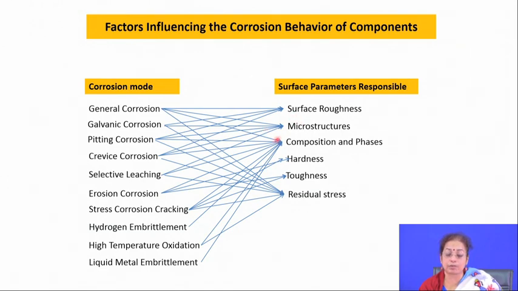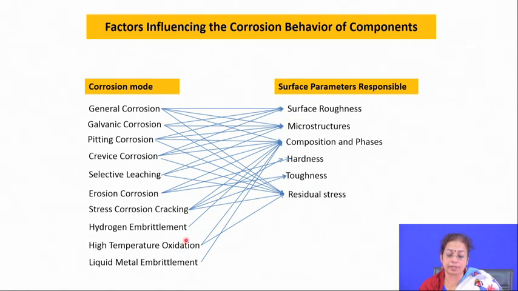So surface roughness, composition and phases, hardness, and also toughness play important roles. For hydrogen embrittlement, toughness plays a very important role, along with composition, phases, microstructure and surface roughness.